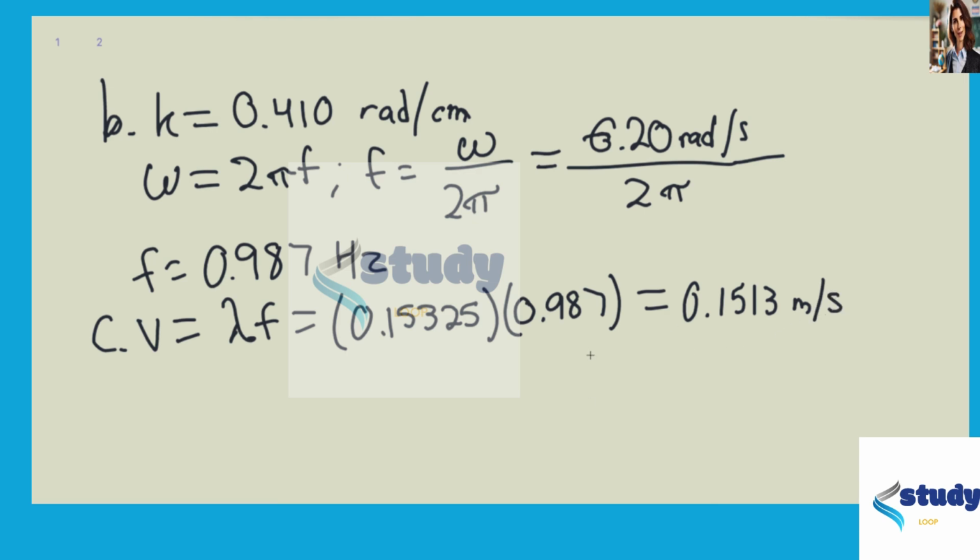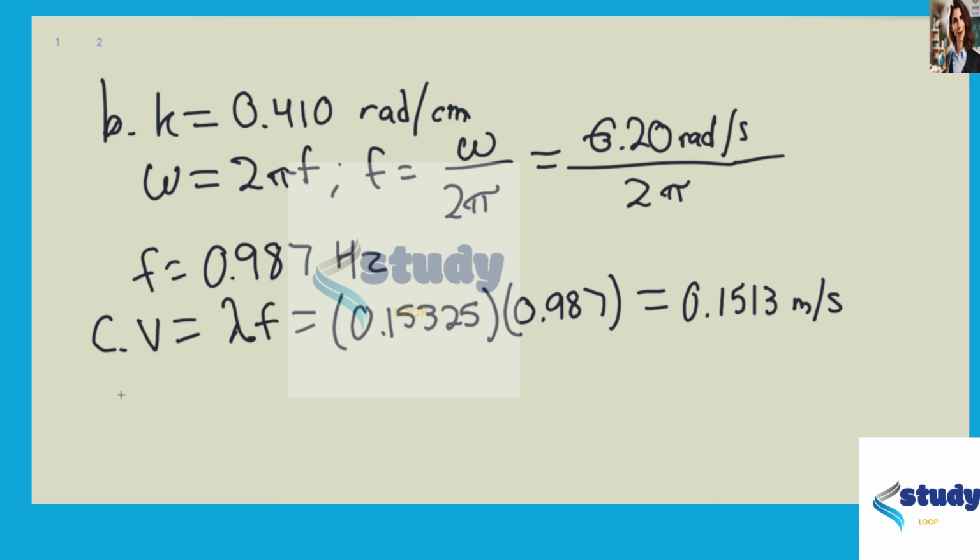That'll be the speed of the wave moving past the fisherman. And again, this is our wavelength converted into meters, and this is our frequency that we found in the previous part.